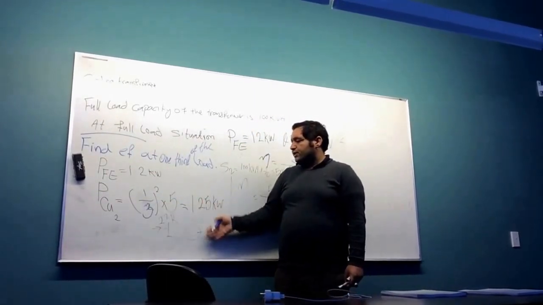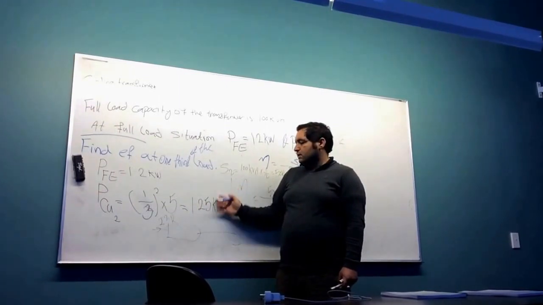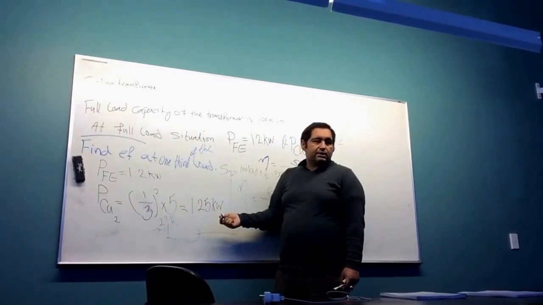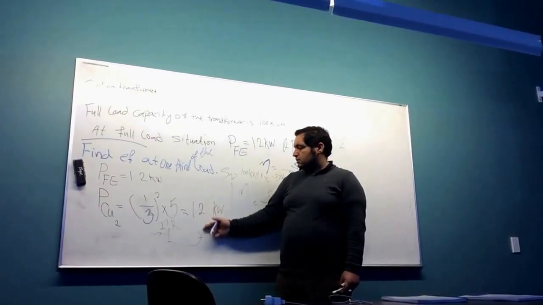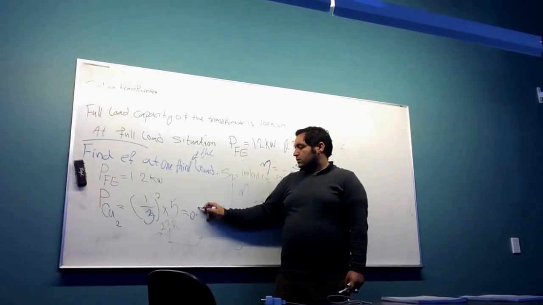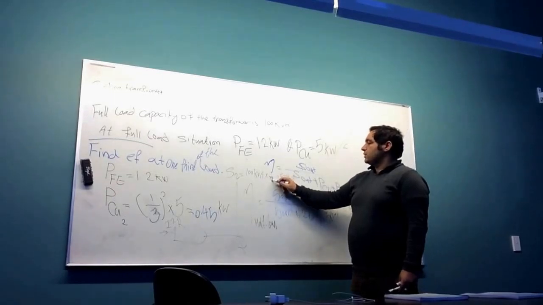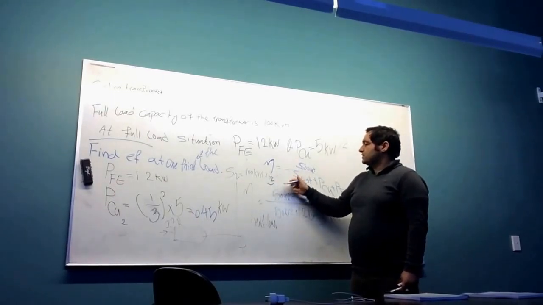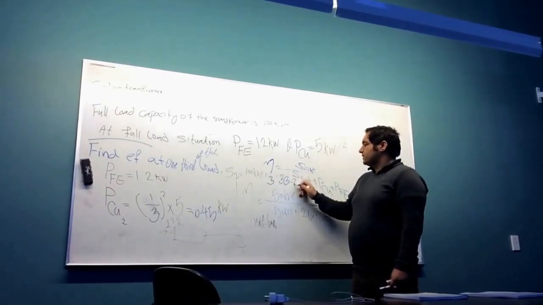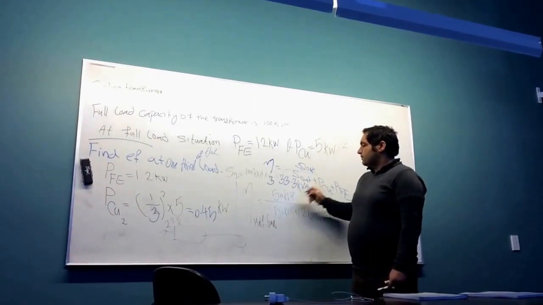So 1/3 squared times 5 equals how much? Smaller than that definition. 0.45. But how much is our load? 100 divided by 3, which is going to be how much? 33.3 kilovolt ampere.